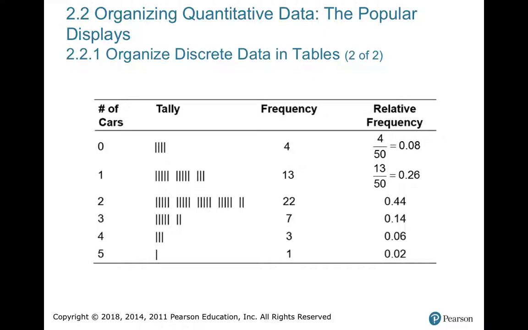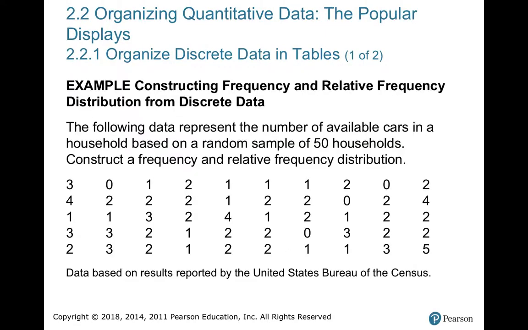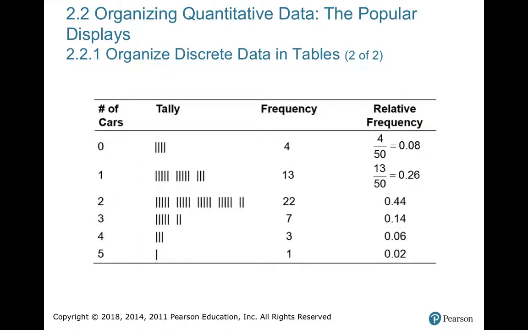So 0, 1, 2, 3, 4, 5 works well here, and you would look through that and you would tally up each of those. So there's a 3, a 0, a 1, a 2, 1, 1, 1. We're going to tally those all up, figure out how many we have, and we can get our frequency. And then we can, like yesterday, get our relative frequency by dividing by the total number represented in the sample.